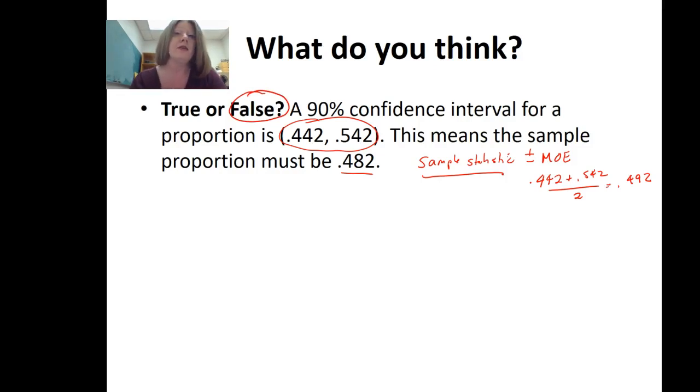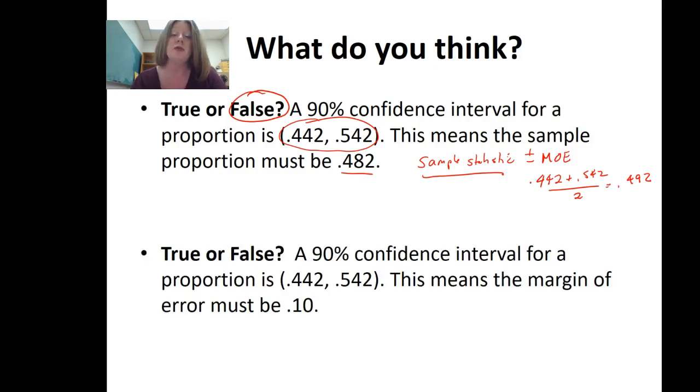But again, you can begin with an interval and you can work backward to figure out what the sample statistic will be. You can also work backward to figure out what the margin of error will be. So that's where the next question comes into play. True or false? A 90% confidence interval for a proportion, again, is 0.442 to 0.542, so the same interval here. This means the margin of error must be 0.10. Well, how can we figure that out? We already know that the center of this interval is 0.492.